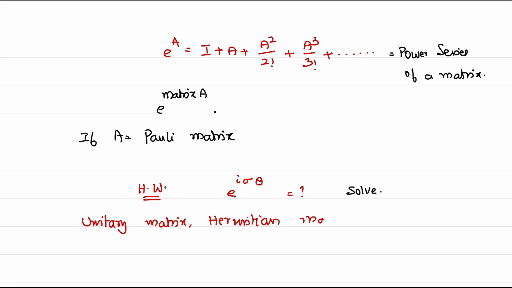Please refer to my previous lectures for the definition of these. I want to give another homework to you. Prove that a unitary matrix is equal to e to the power of i into a Hermitian matrix. Take this as a homework and prove it.